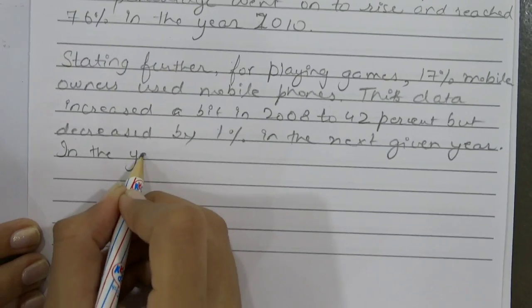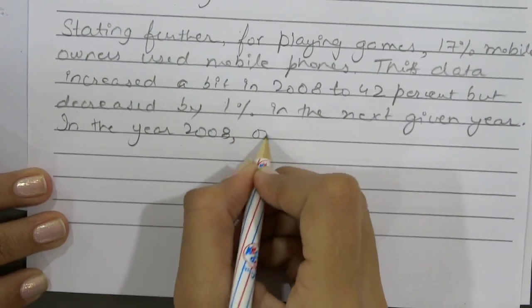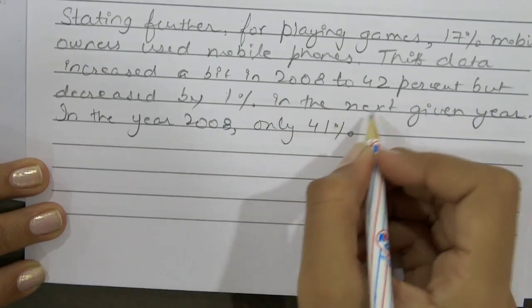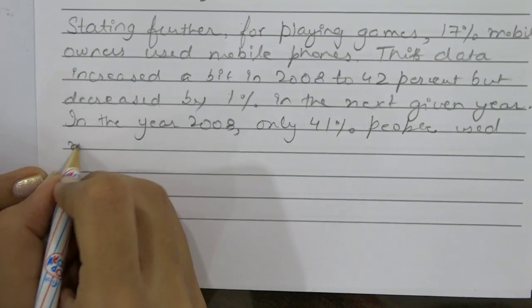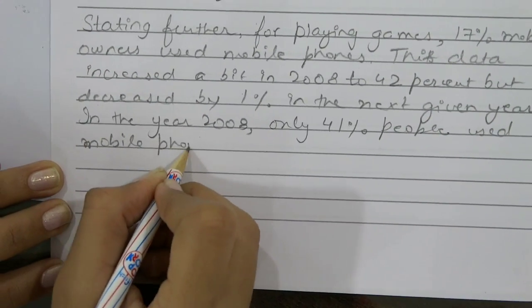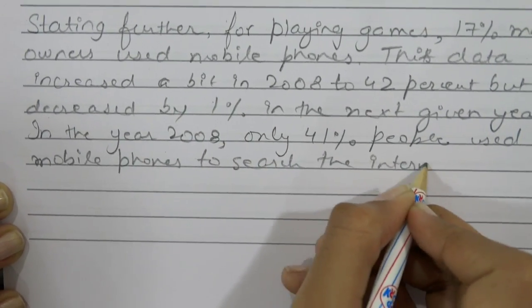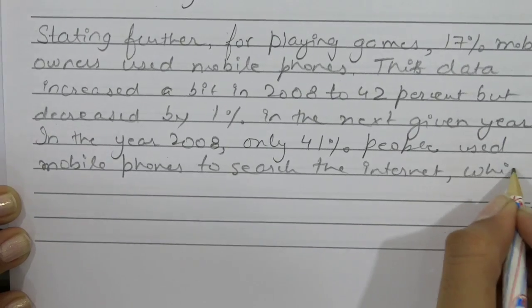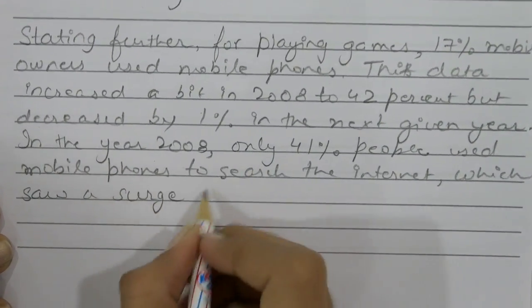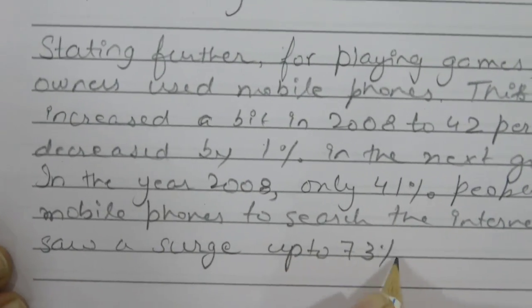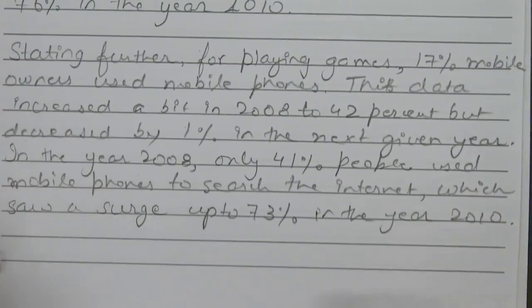In the year 2008, only 41% of people used mobile phones to search the internet, which saw a surge up to 73% in the year 2010.